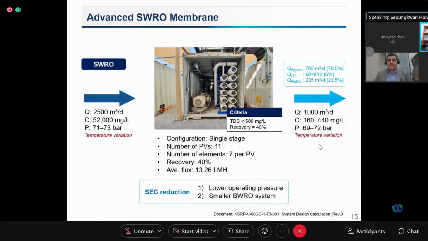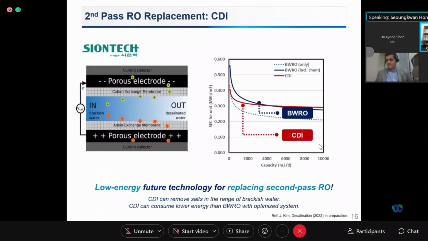As you can see, after this single stage RO, we can produce a TDS level of 160 to 440 milligrams per liter, depending on temperature and salinity conditions. So we can have significant SEC reduction by adopting this membrane, and as a result we can have a smaller BWRO system, or we can replace this BWRO by CDI technology, which is an electrochemical desalting technology.